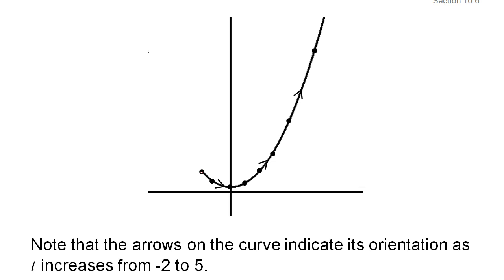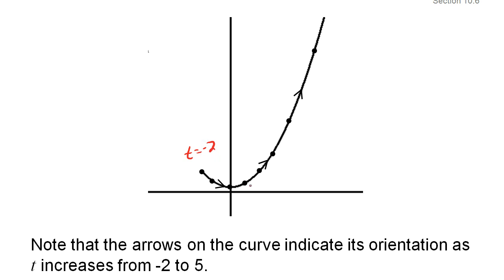Now if I graph those points and connect them, because I needed to use all the values from negative 2 to 5 for t, notice that I put some arrowheads on here because that is the path the graph is going to follow. Over here is where t equals negative 2.